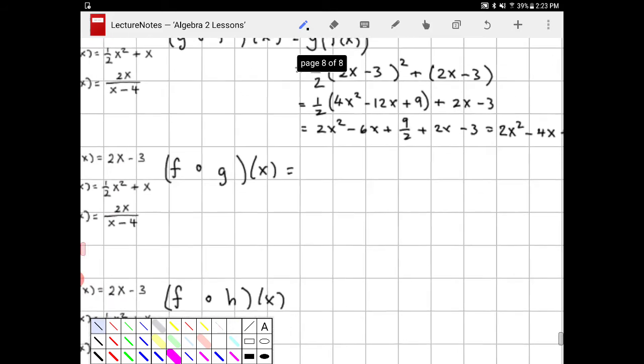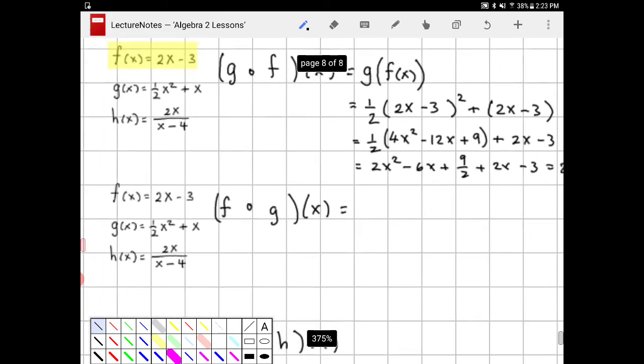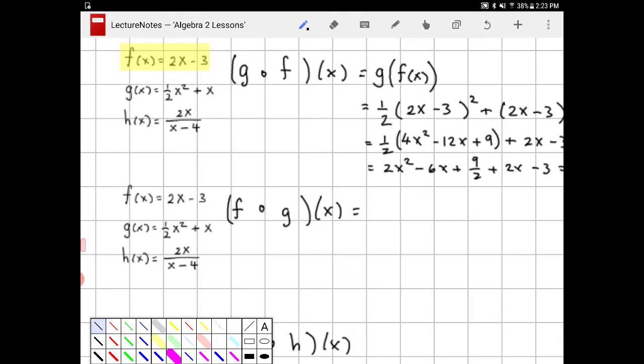And moving on, now we're reversing it. I have f of g. So wherever I see x inside of f, I'm going to replace that with g. This is the same thing as f of g of x. So again, f is 2 times x, but I'm not going to write x.